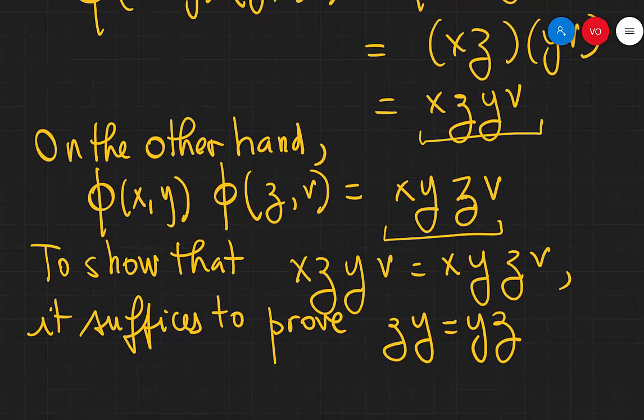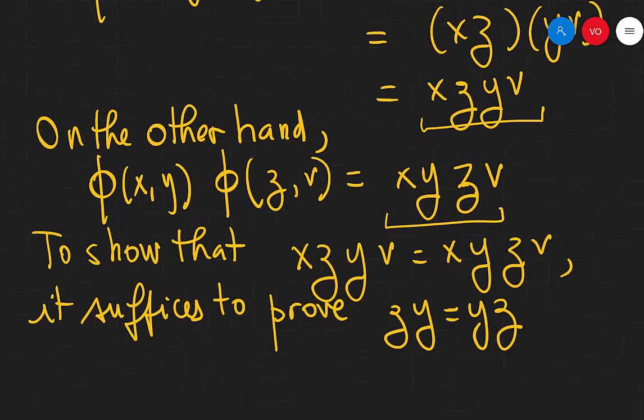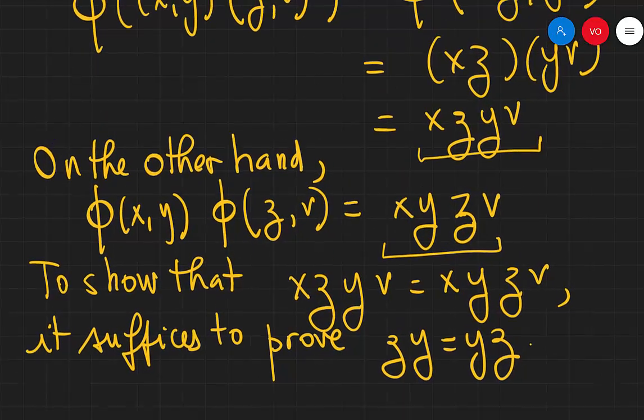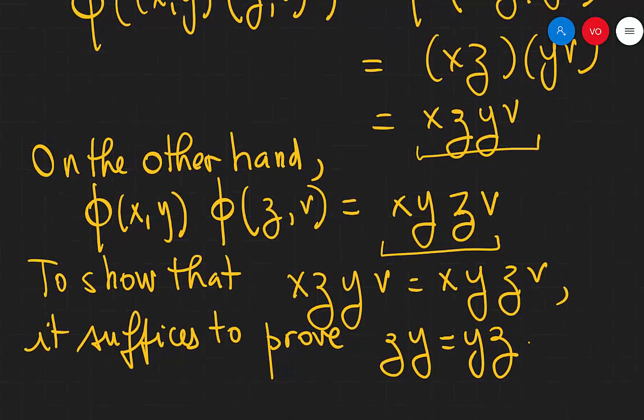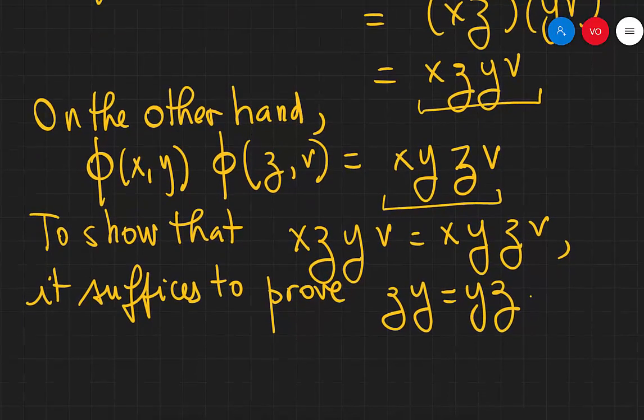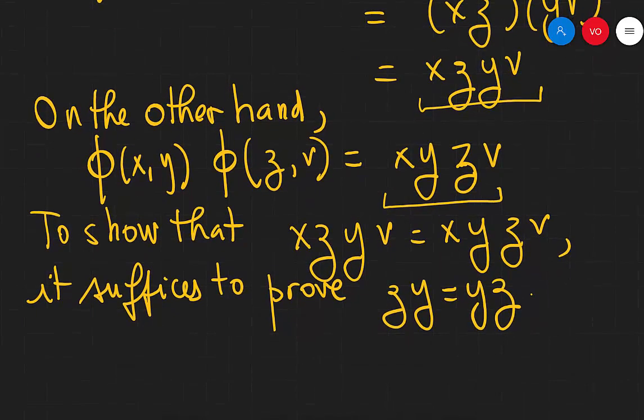Okay, so those two elements essentially are commuting. But keep in mind that z is in M and y is in N, right? So they're not in the same subgroups, but they both belong to G. Okay.